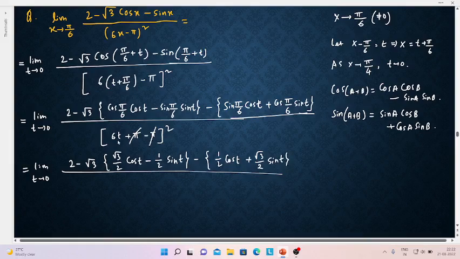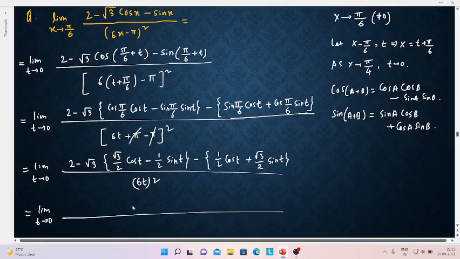And on the denominator we have 6t whole square. So what we have is limit t tends to 0, 2 minus, if we multiply this function with root 3, it will become 3 over 2 cos t.